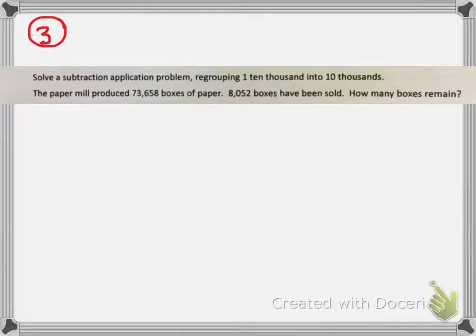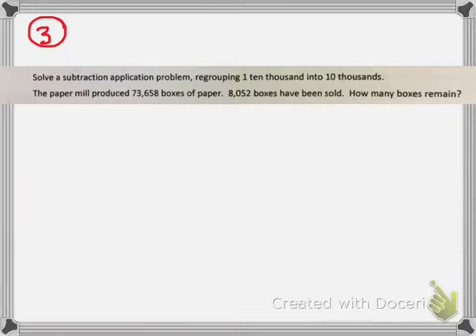All right. Now we're going to be using this same strategy, but we're using it with a word problem. I'm going to read you the word problem. We're going to solve a subtraction application problem regrouping 1 ten thousand into thousands.